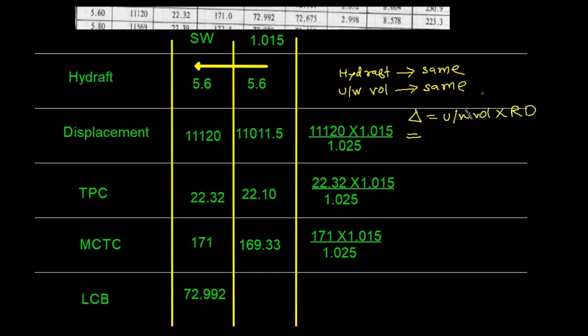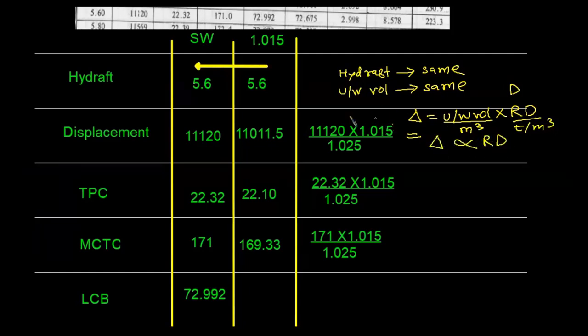I hope you understand the terms. Volume will be in cubic meter. Relative density actually has no unit, but density has the unit ton per cubic meter. That basic you should know. So displacement is directly proportional to relative density.